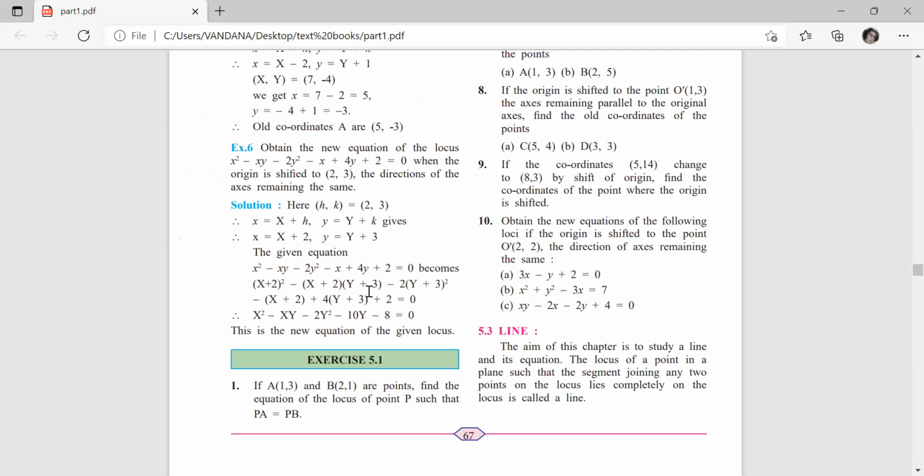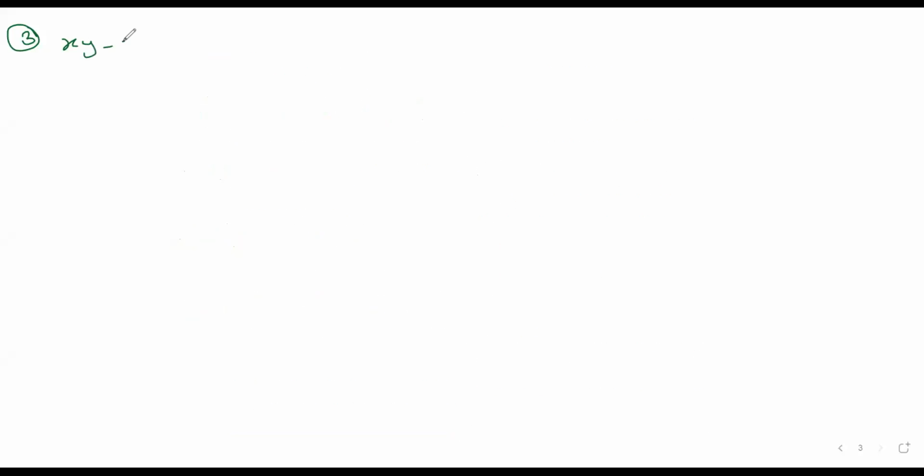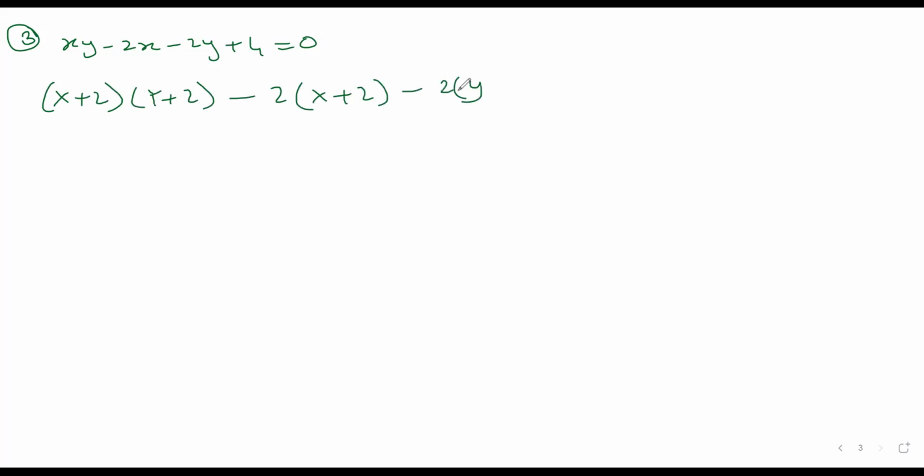Similarly, the third one, xy minus 2x minus 2y plus 4 is equal to 0. So the new equation will be (X plus 2)(Y plus 2) minus 2(X plus 2) minus 2(Y plus 2) plus 4 is equal to 0.